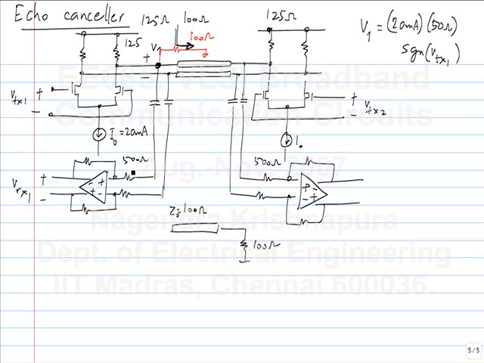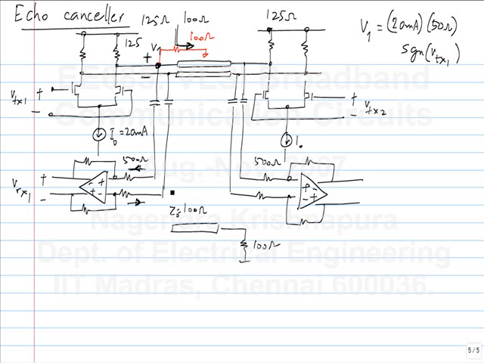Now what is the current that flowing into the receiver because of this? By 1000 if you look at it differentially. V1 is the voltage across this, so the incremental current flowing here is that divided by 1000. Is that okay?